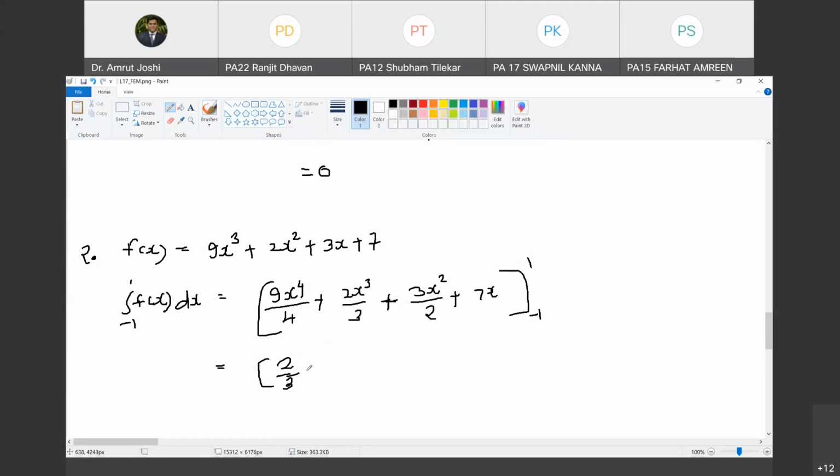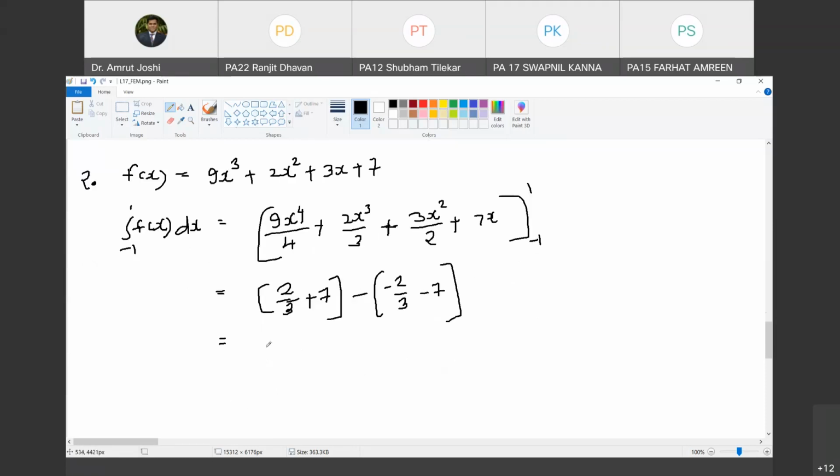Do you agree with me? Yes, sir. When I substitute x equal to 1, it is 2 by 3 plus 7, the last term, and minus of minus 2 by 3 and minus 7. Agreed? Yes. So it is in fact nothing but twice 2 by 3 plus 7.